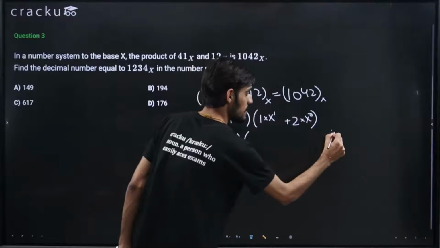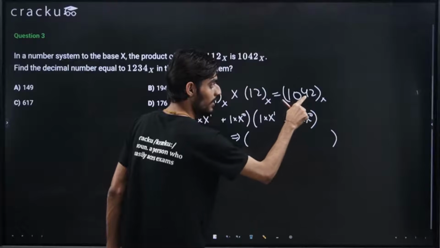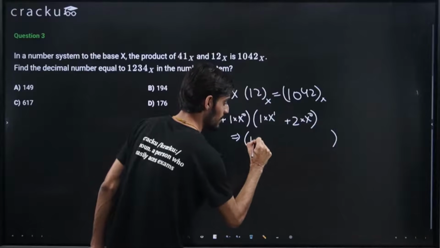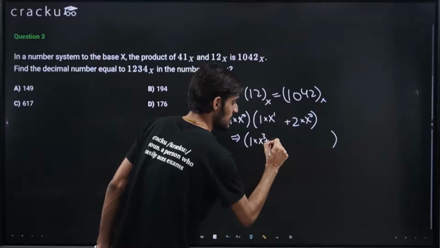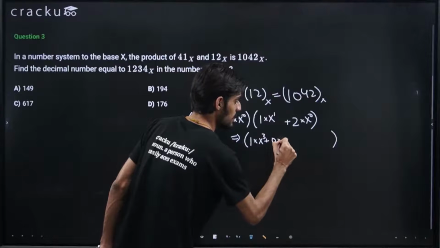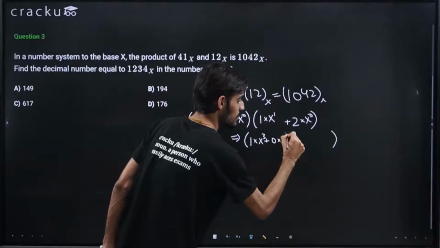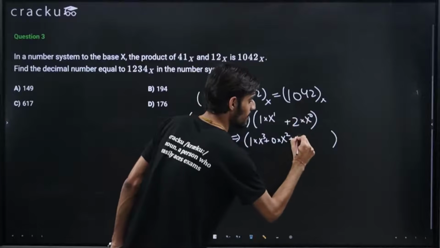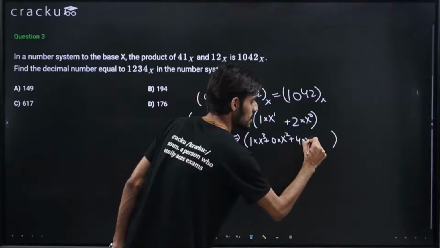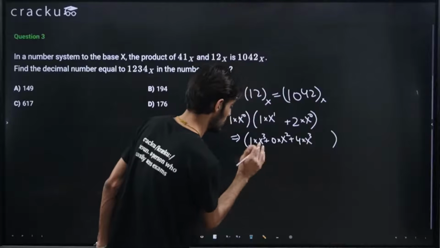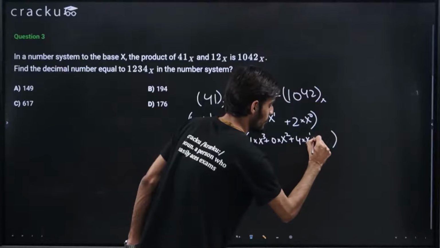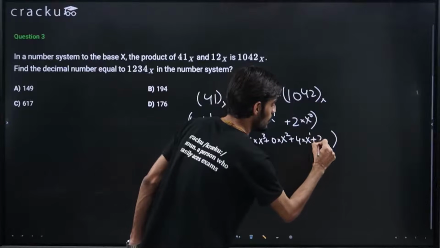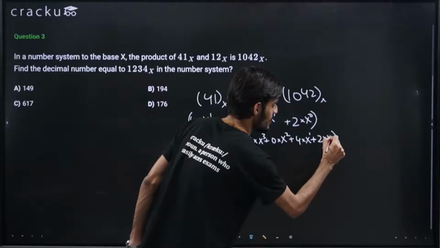It is 0, 1, 2 and 3. So 1 multiplied by x raised to power 3 plus 0 multiplied by x raised to power 2 plus 4 multiplied by x raised to power 1, plus 2 multiplied by x raised to power 0.